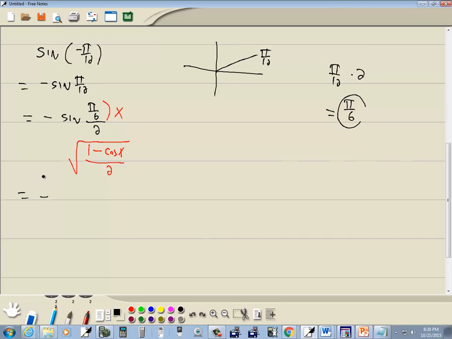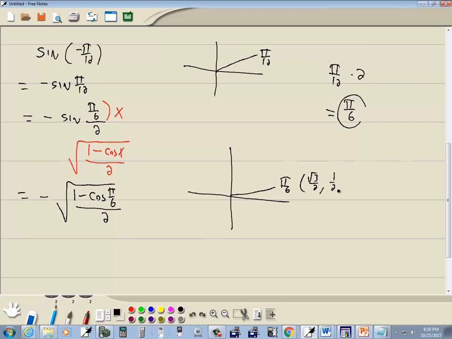We got this negative out in front, that just stays out in front. So then we got 1 minus cosine x, and we said x is pi over 6, all over 2. Now here's pi over 6, which is square root of 3 over 2 and 1/2. Cosine is the x part of our point, which would be 1 minus square root of 3 over 2, over 2.